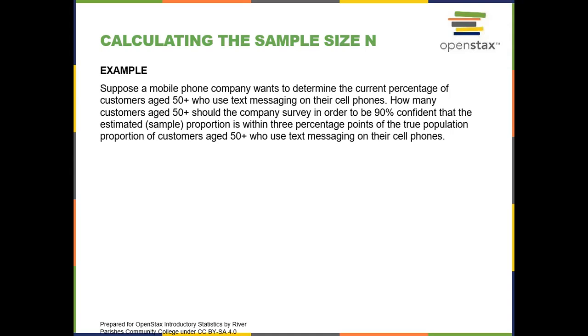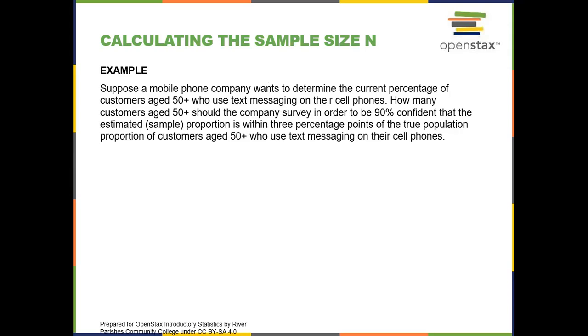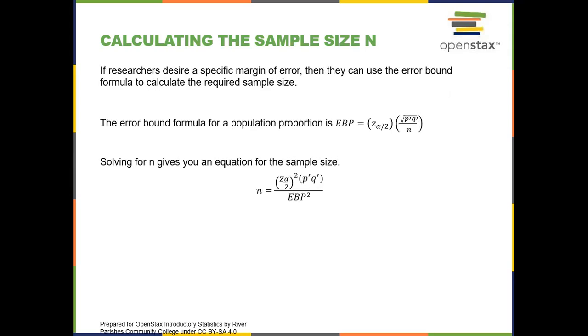In this case, a preliminary estimate of the sample proportion of success is not given. So in that case, we assume P hat in this formula is 0.5, Q hat is also 0.5. So how do you calculate? Use this formula.